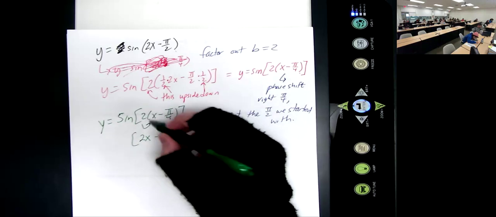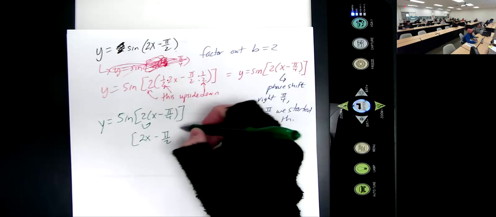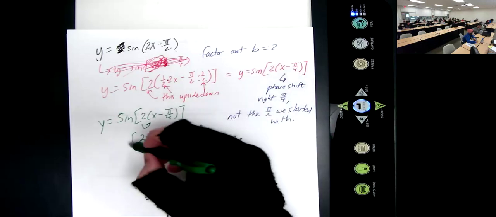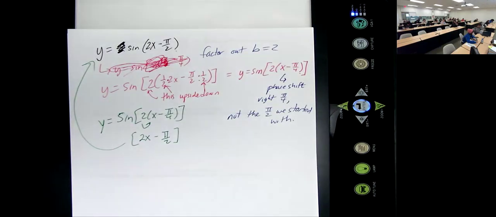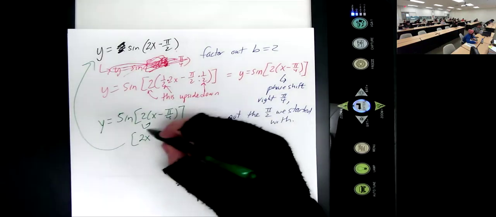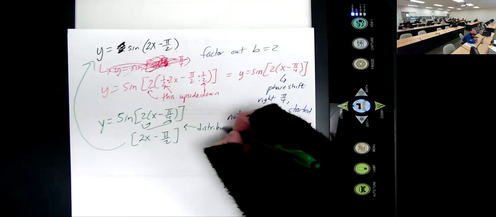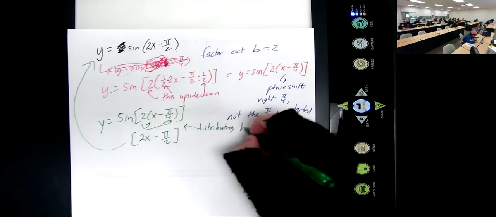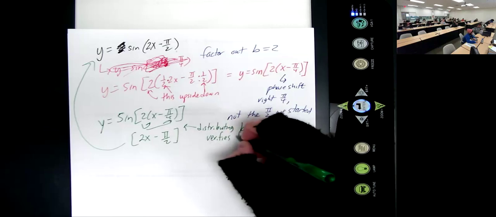And if I multiply 2 times pi over 4, I get pi over 2, which is what I started with. So that way you can make sure you factored it out correctly. This is just distributing the 2. Distributing b verifies you factored it correctly.